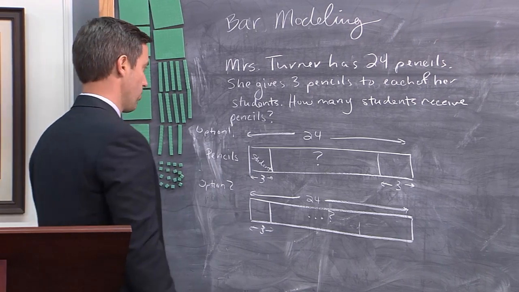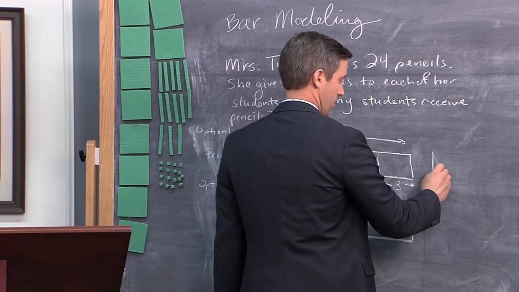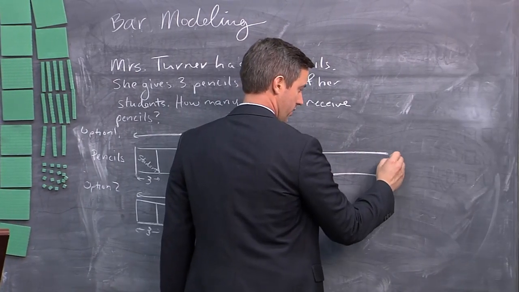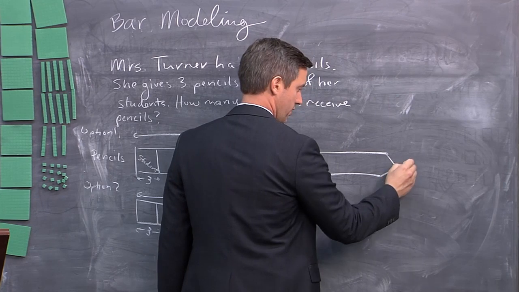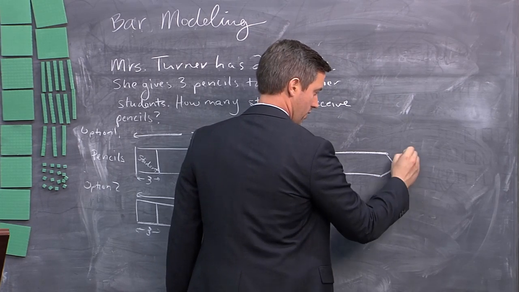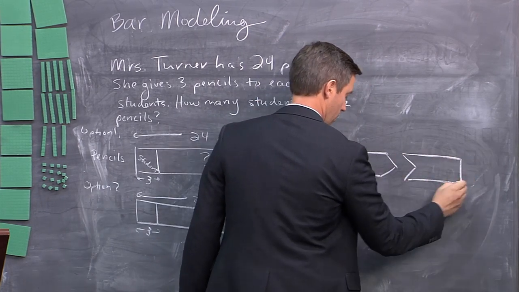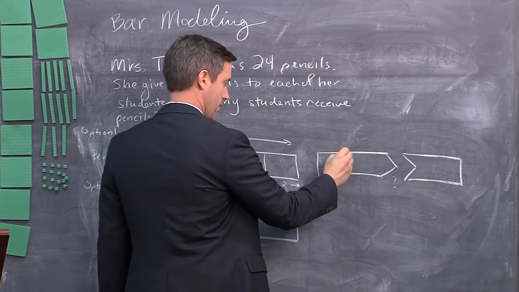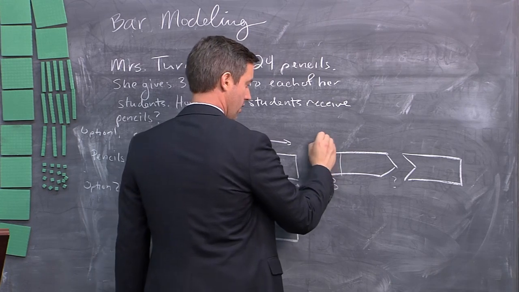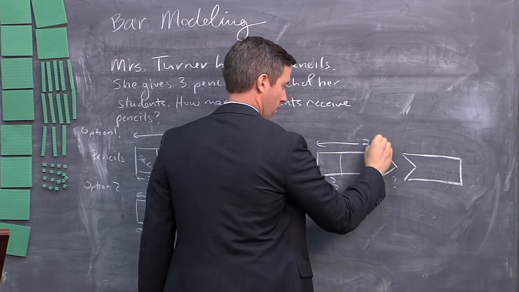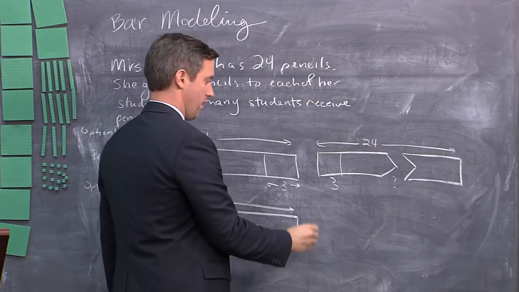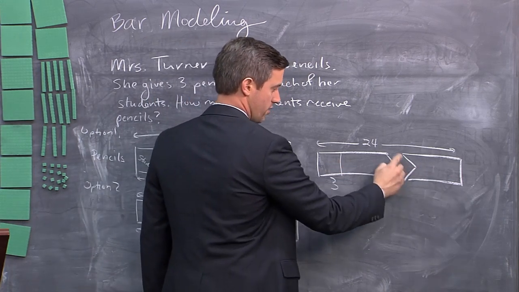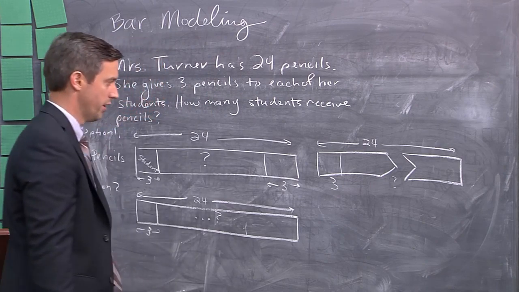I should introduce you to a third way of doing this that I've seen in textbooks and I believe is still used in the Dimensions 6A book, which is where they leave a space here showing that you have 3, you have 24 on top, and you do not know how many of these are going to go in there because it's a broken bar.